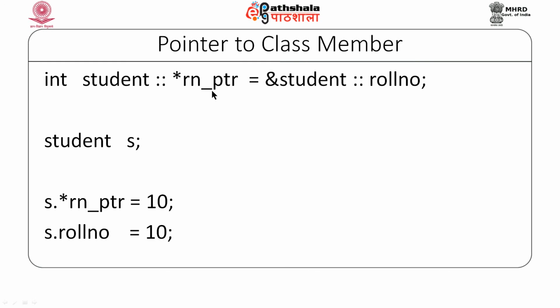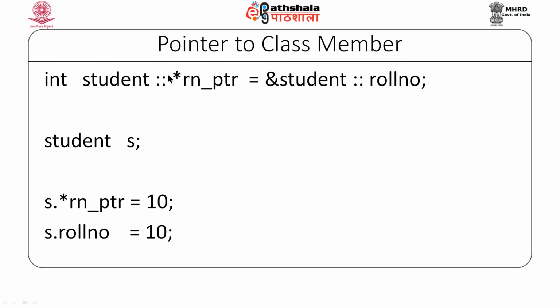Now, whenever we define a pointer variable, we need to define to what kind of value it is going to point to. Since we want to define a pointer to point to roll number and the roll number is an integer value, this RNPTR is being defined as a pointer to integer, but it cannot point to any integer, it can only point to an integer data member of the student class.